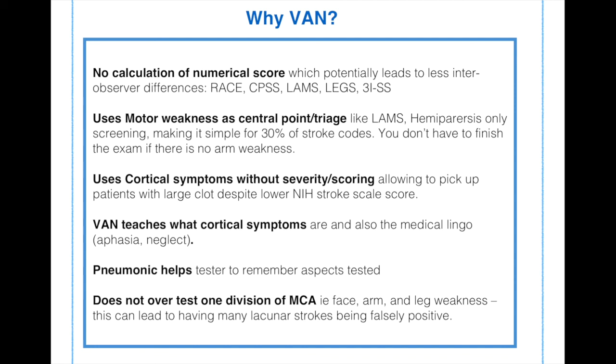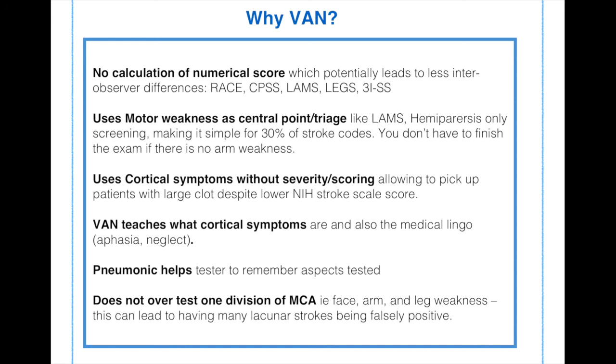So why VAN? We just went over this. No calculation of numerical score. Uses motor weakness as central point to triage. Uses cortical symptoms without severity and scoring, which actually allows for better inter-observer reliability. VAN teaches what cortical symptoms are. I just taught you this in the last lecture. The mnemonic helps: VAN, vision, aphasia, neglect. Dr. Taleb went over this, right?